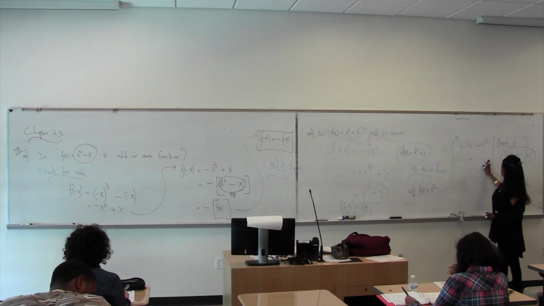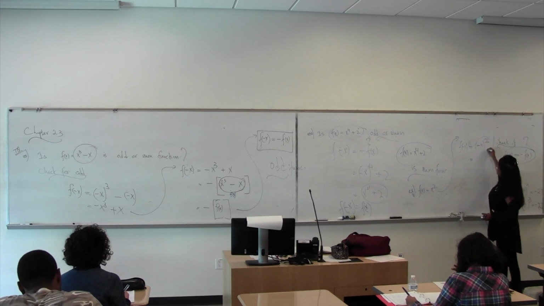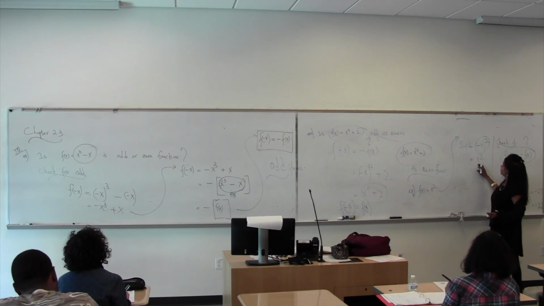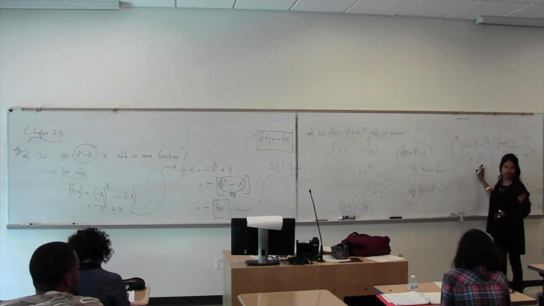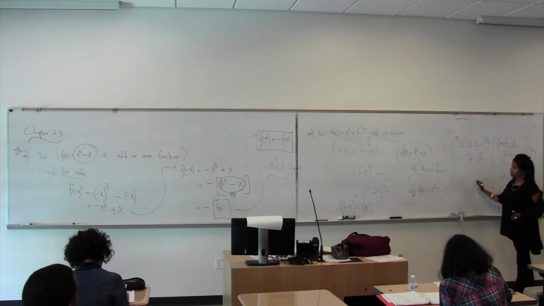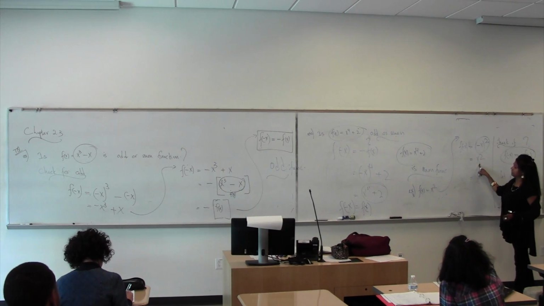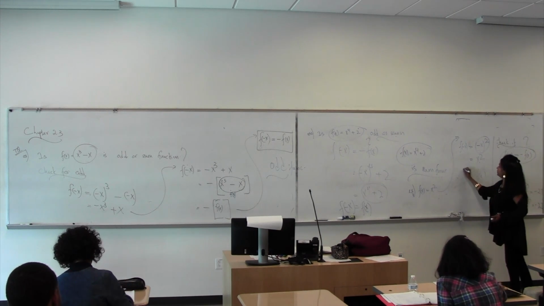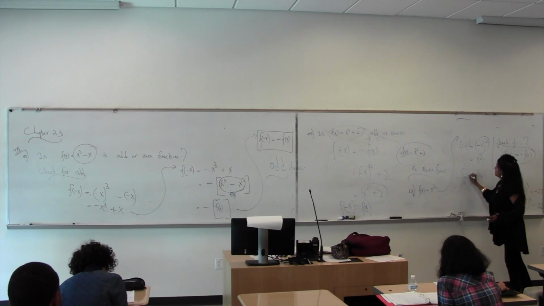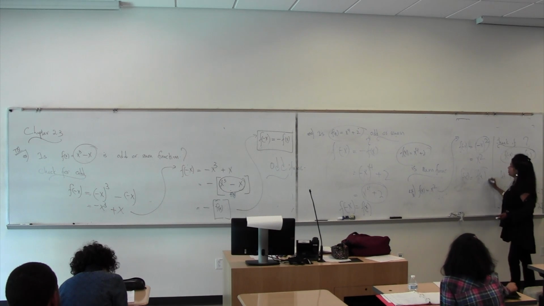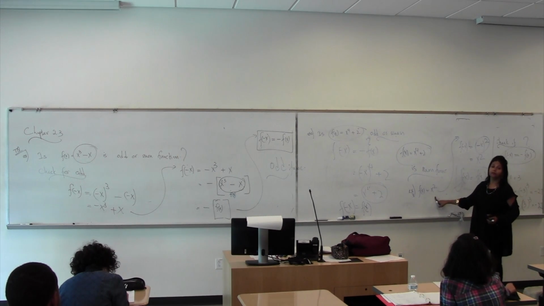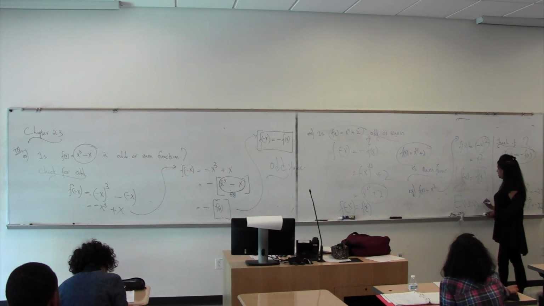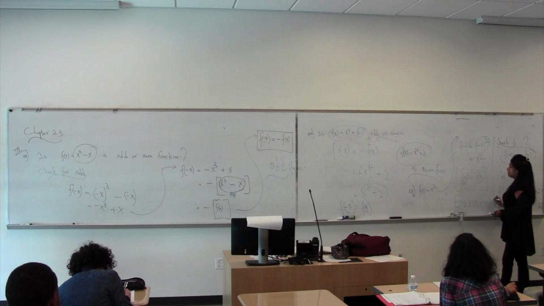This overall becomes x squared plus 1, and we know there's no way we can rewrite this as negative f of x. So f of negative x is equal to f of x here. We just proved that this is also an even function.